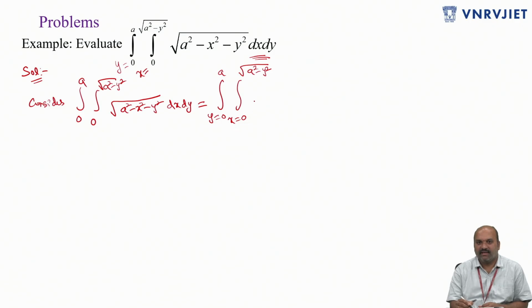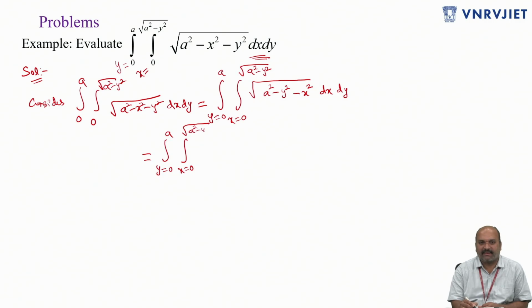Those are x limits. Now, let's rewrite this integrand, since we have to integrate first with respect to x, as a square minus y square minus x square into dx into dy. I'm writing like this. Now this is equals to integral y varies from 0 to a, and integral x varies from 0 to root over a square minus y square.